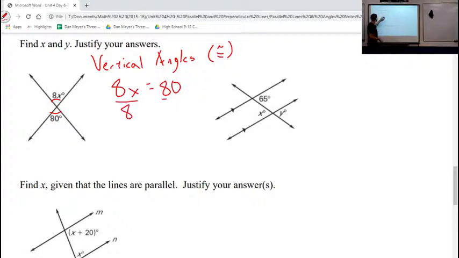And so to solve, we're going to divide. We get 10. So pick out what kind of angles you have. Use that to build your equation. If you know they're supposed to be the same, then make them the same.